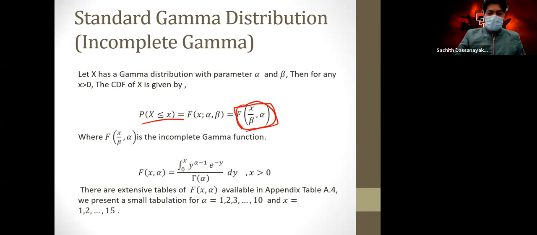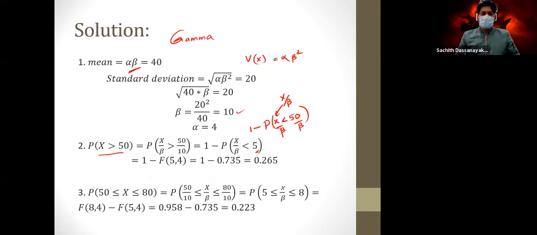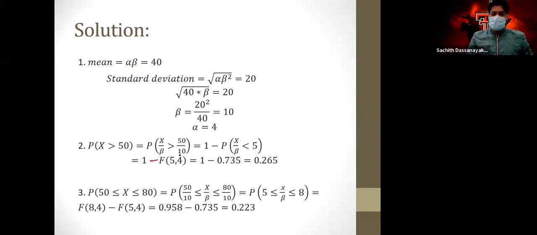Here, 1 minus F of x over beta, which is 5. We need to find F of 5 comma alpha, where 5 is your x over beta.